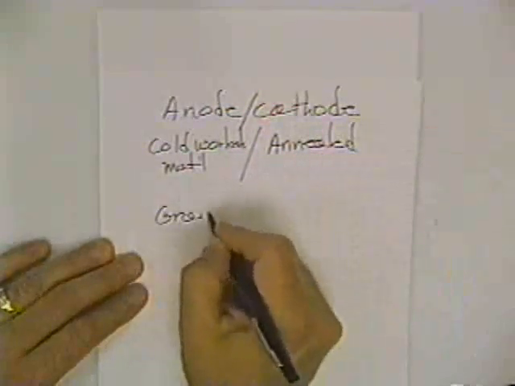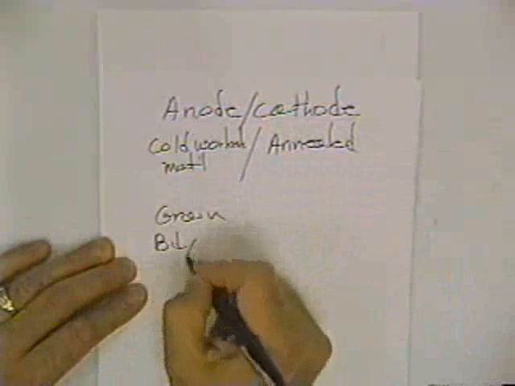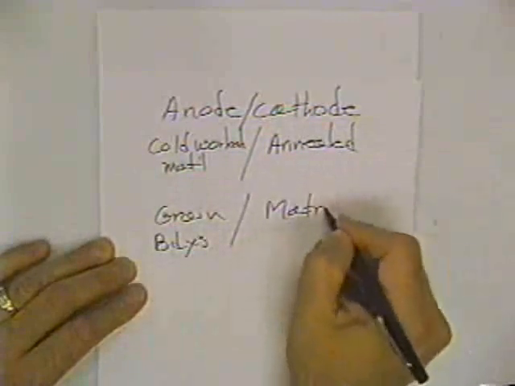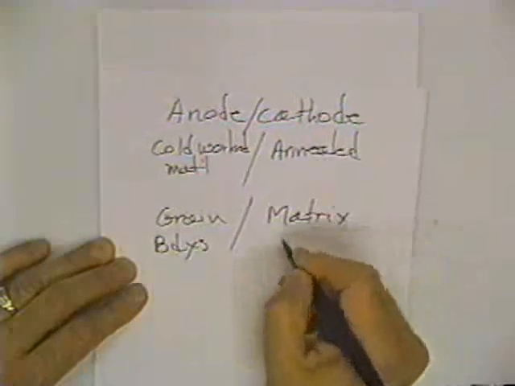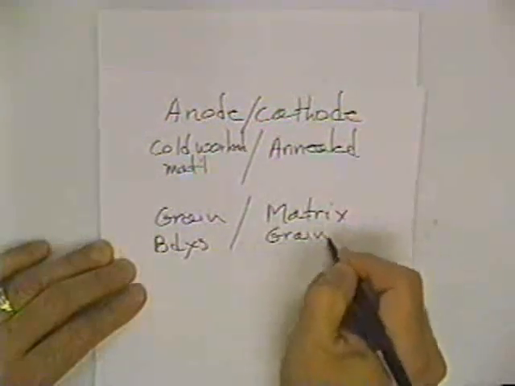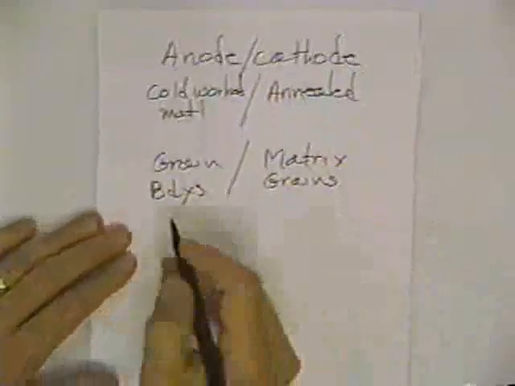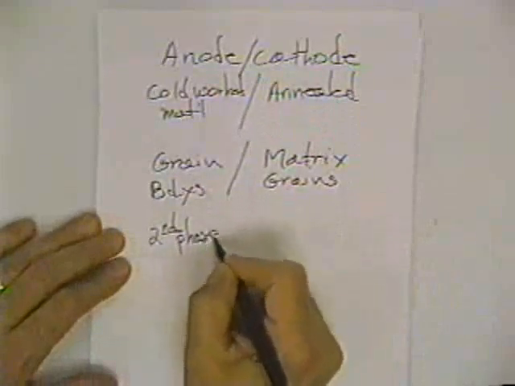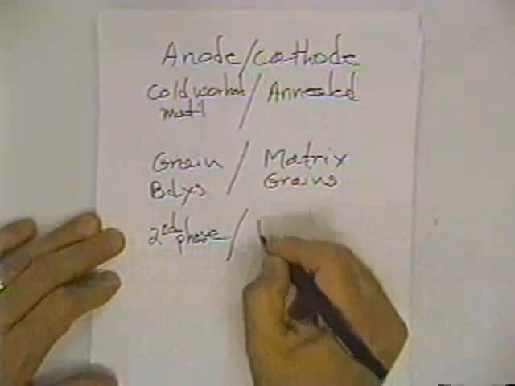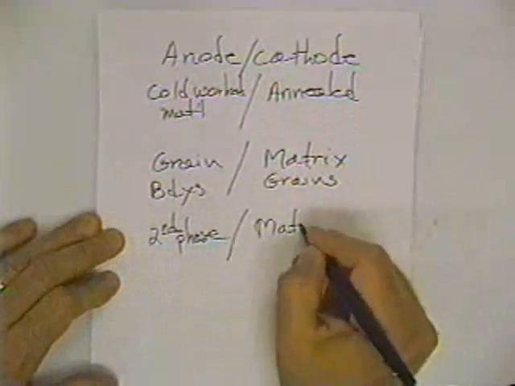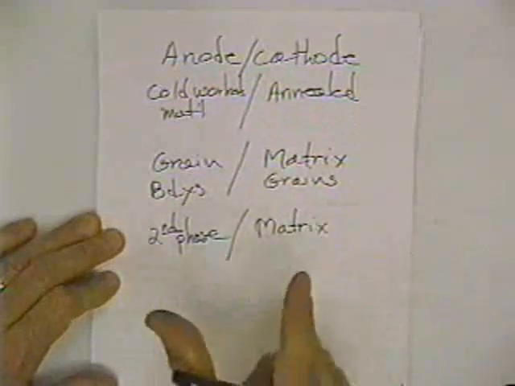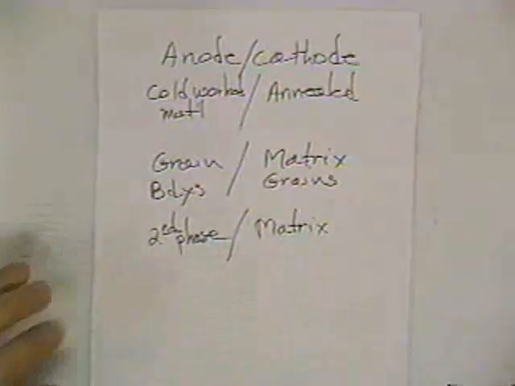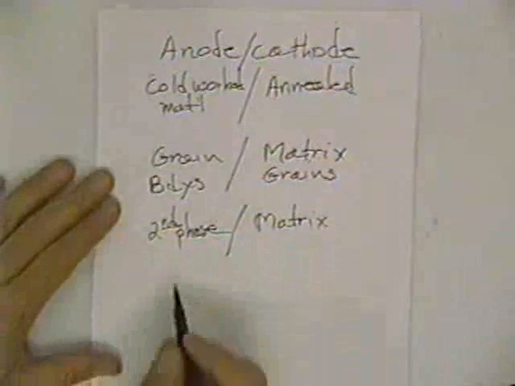Grain boundaries will be anodic with respect to the matrix of the grains. A second phase particles with respect to the matrix. Now those two can flip, but the point is that if you have differences, you can end up with an anode and cathode.